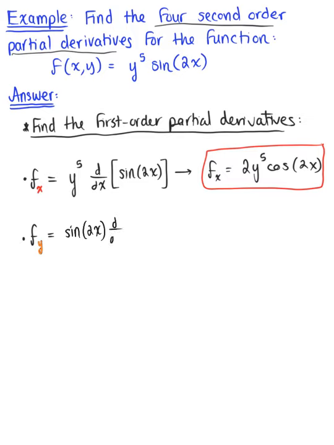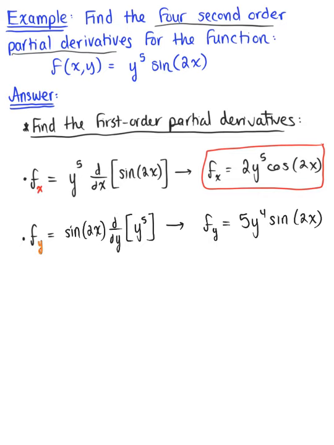And now we want to differentiate with respect to y. So we are differentiating y to the 5th with respect to y, which leaves us with the partial derivative of the function with respect to y being equal to 5y to the 4th multiplied by sine of 2x.